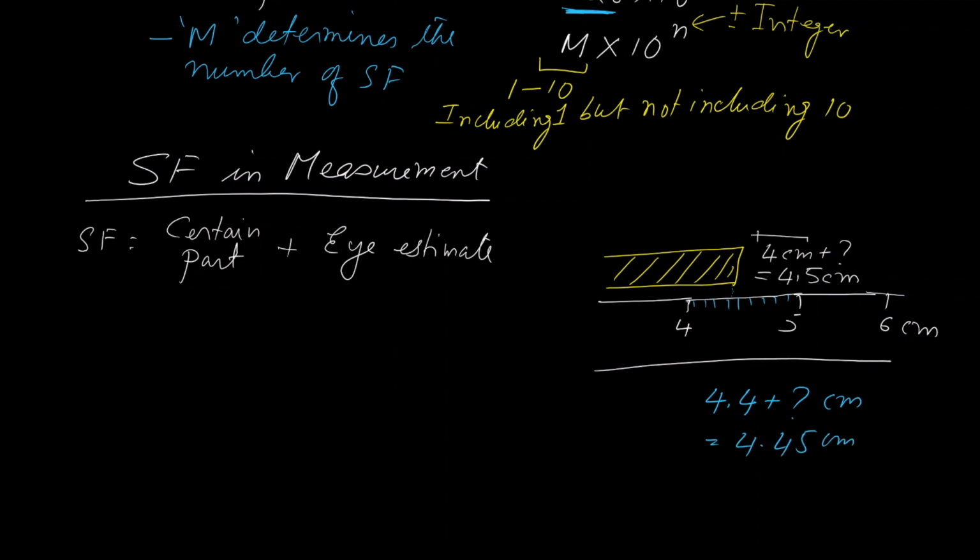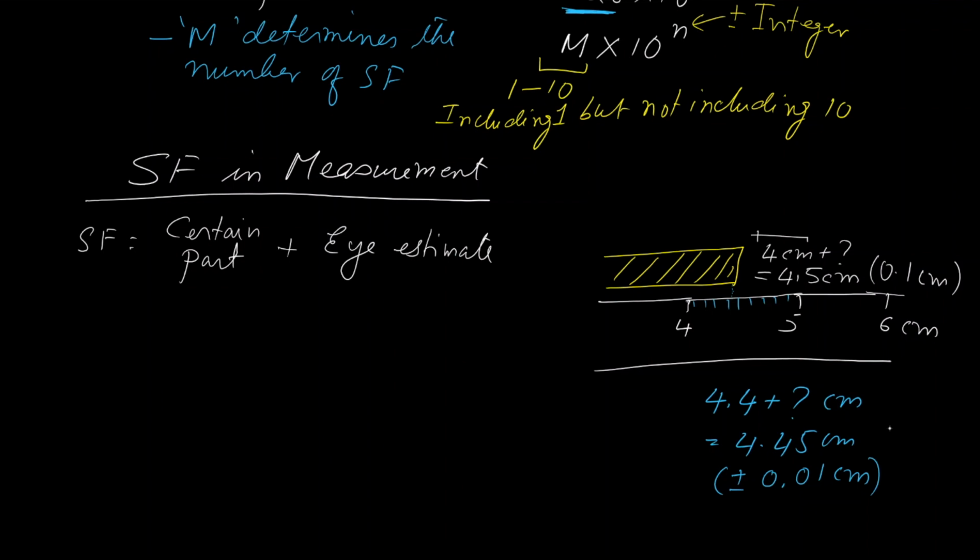So in this second measurement, my error can be 0.01 centimeter, while in the previous case it was 0.1 centimeter. So the greater the number of significant figures, the greater is my accuracy. Now I'm certain about the 4.4. Earlier I was not even certain about the 4.5. So more significant figures means greater accuracy.